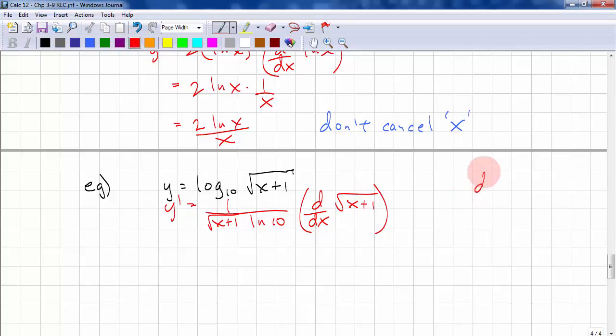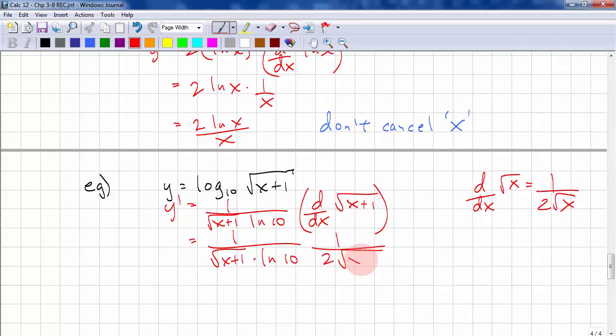You should know that dx of square root x equals 1 over 2 root x. That's a common derivative that we take. So rather than converting it to a power all the time and working with a power, we just go straight to 1 over 2 root x. So we have 1 over square root x plus 1 times ln 10 times 1 over 2 root x plus 1.